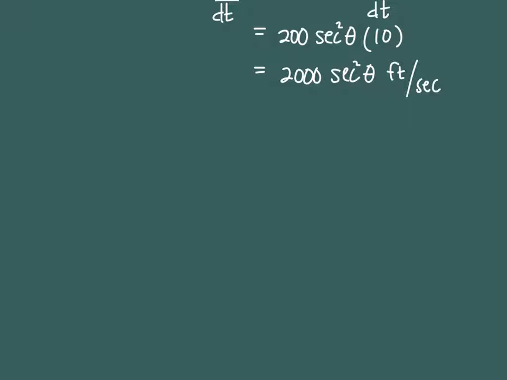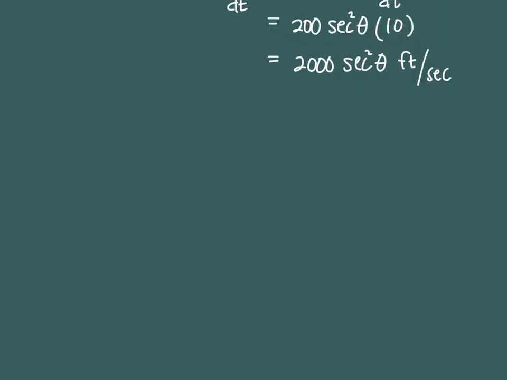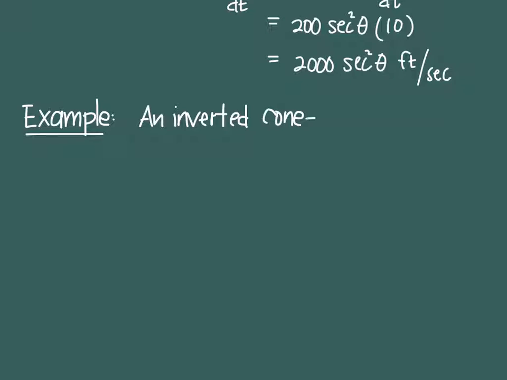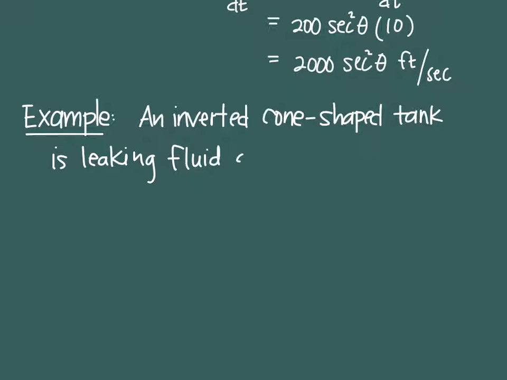Here's a classic one. An inverted cone-shaped tank is leaking. And it's leaking fluid at 3 cubic inches per hour.